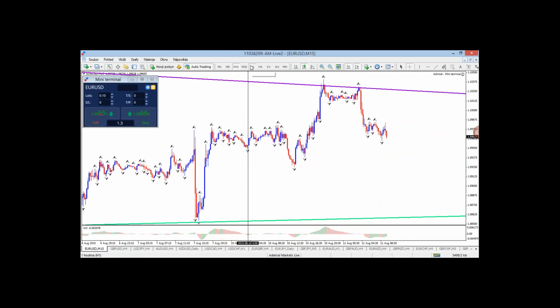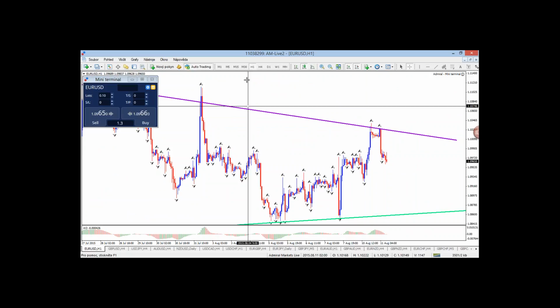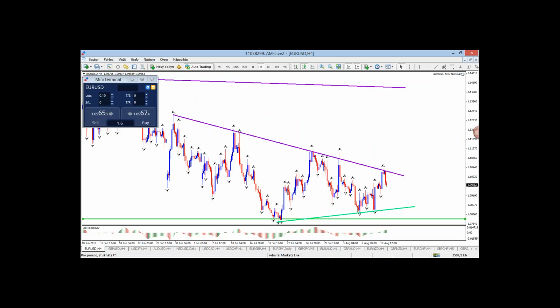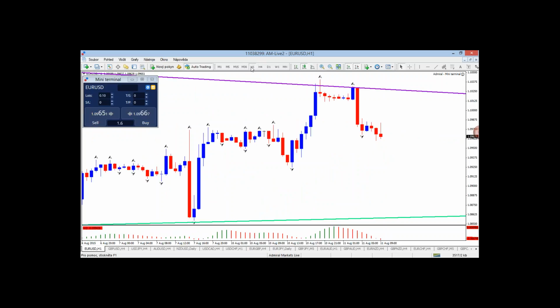I don't like trading halfway in a range or triangle like that, so it doesn't really appeal to me. Obviously, the momentum is down at the moment. Good 4-hour candle, good 4-hour engulfing. So from that point of view, the downtrend can continue.